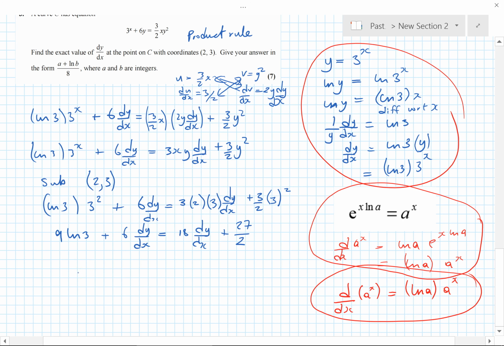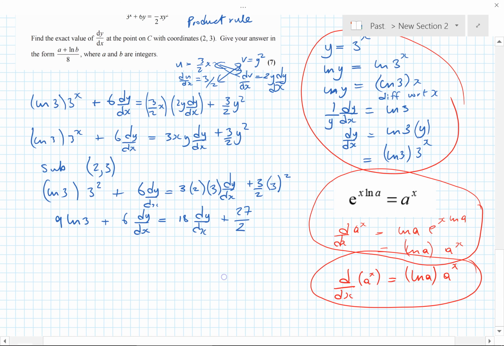Let's have a look. Yeah, okay, let's do that. 18 ln 3 plus 12 dy by dx plus 36 equals 36 dy by dx plus 27. So now we can take the dy by dx's together.